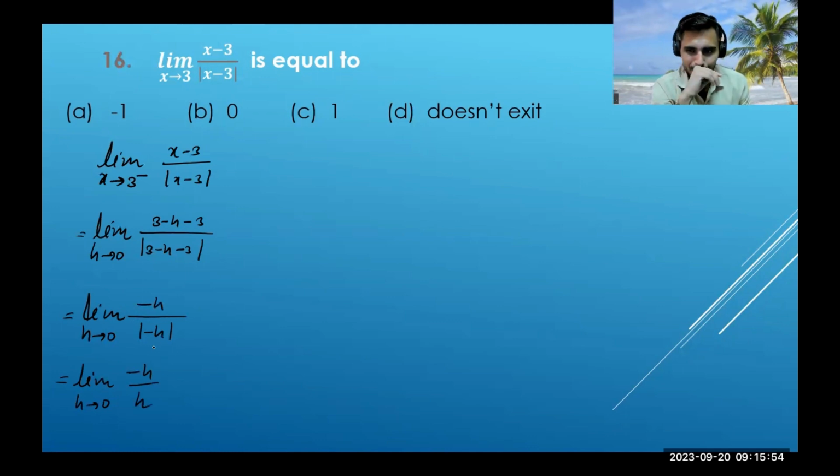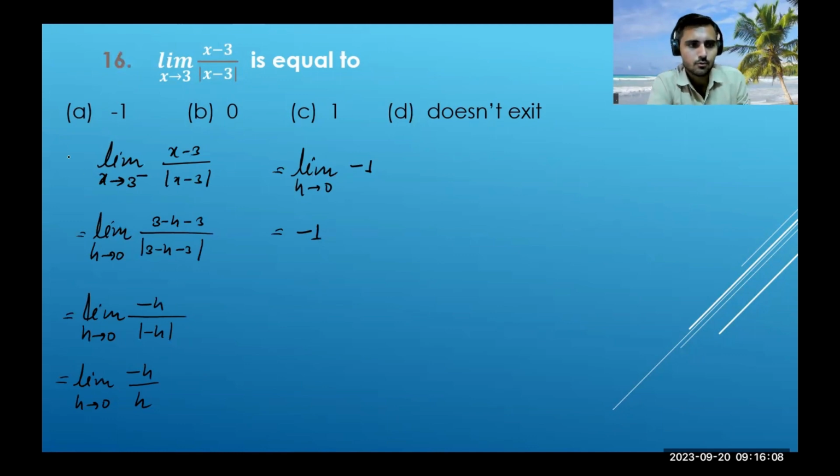Modulus will give us positive h, right? So this will be cancelled out. We'll get limit h tends to 0 of minus 1, and now we'll substitute the limit. So we'll get minus 1, right? So we have LHL minus 1. Now we'll find out RHL.